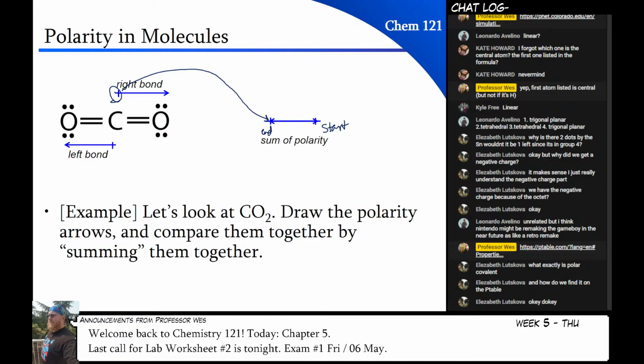All right. Where did the electrons go overall? Well, they started here, and then they went over here for the first arrow, and then they went back here for the second arrow. So my starting point and my ending point are the same. In other words, my electrons did not move overall. There is no net polarity.